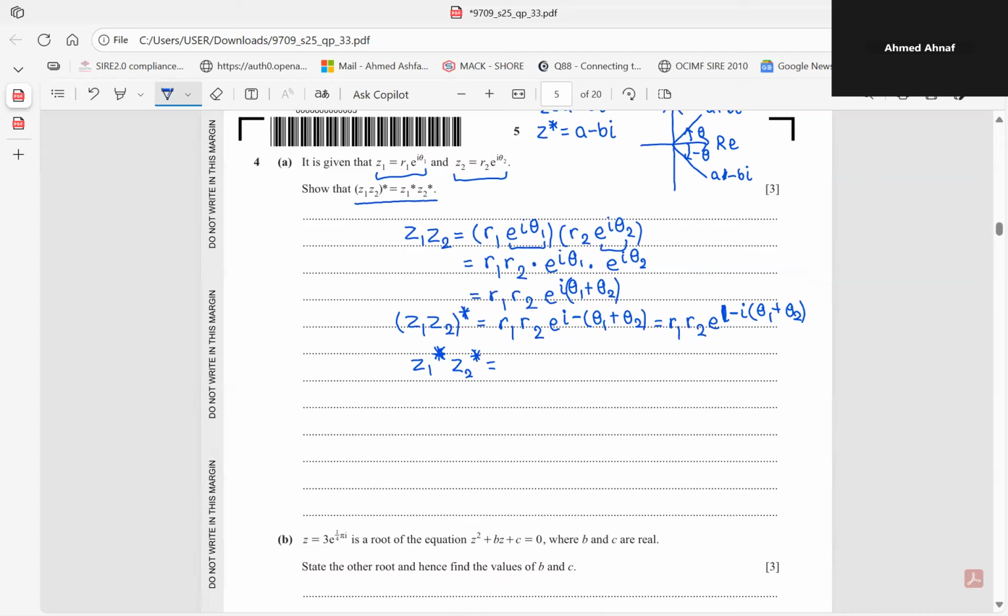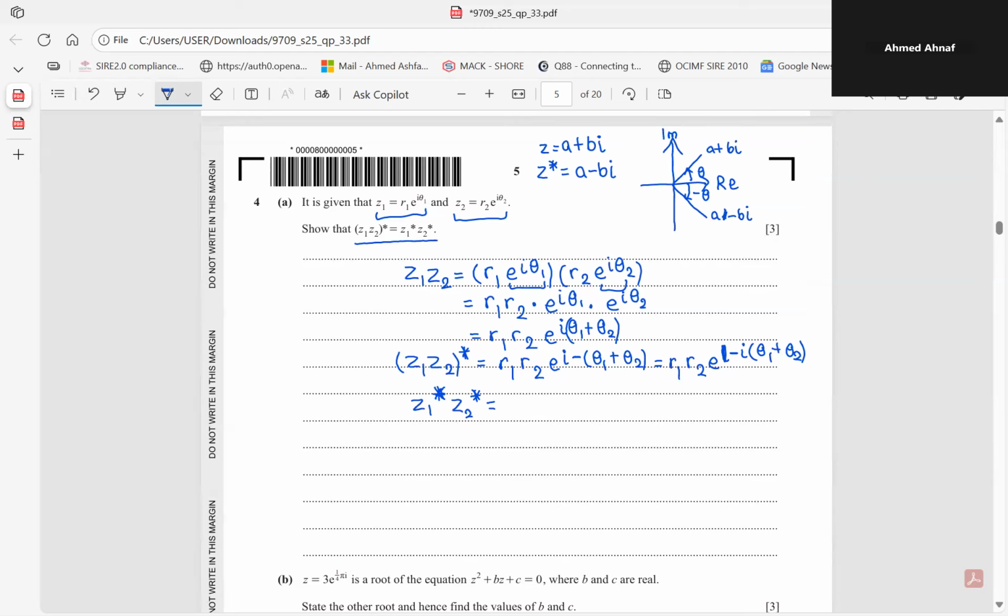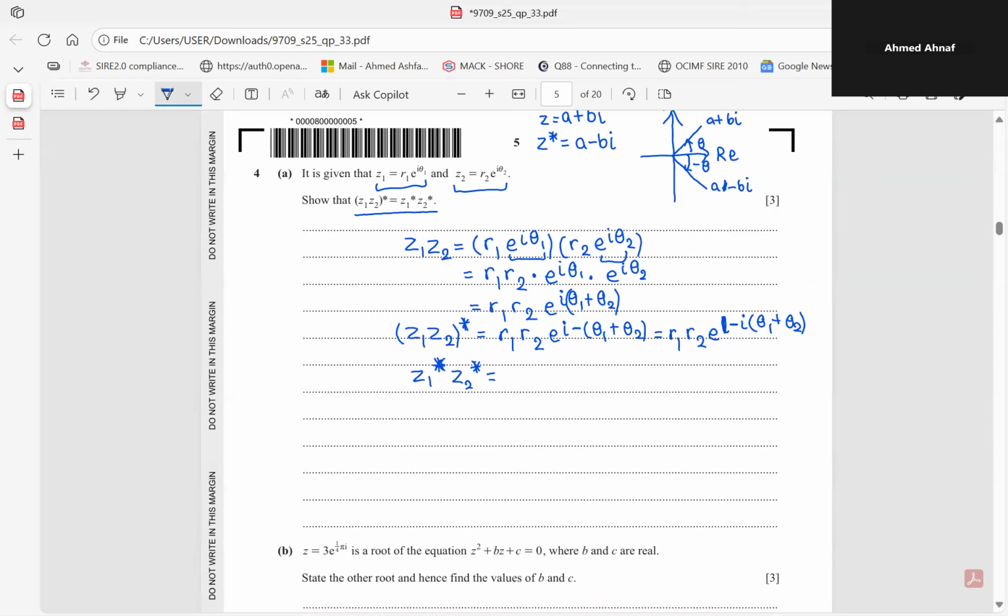Z1 conjugate times Z2 conjugate, sorry. Yeah, so as I said, you just use this diagram that we sketched to figure out the conjugate of our complex numbers in the polar form. So Z1 conjugate is R1 e to the power of negative i theta 1 times R2 e to the power of negative i theta 2.